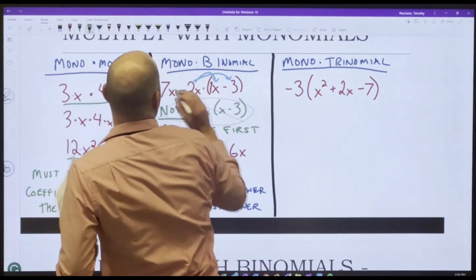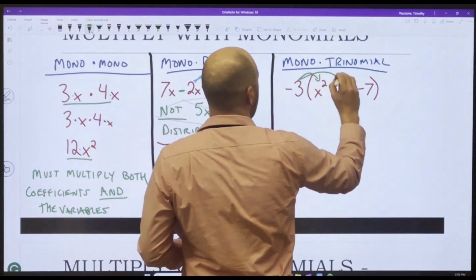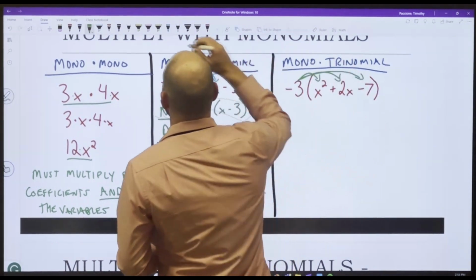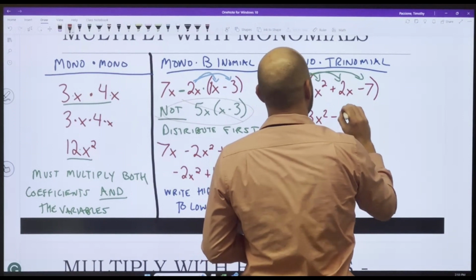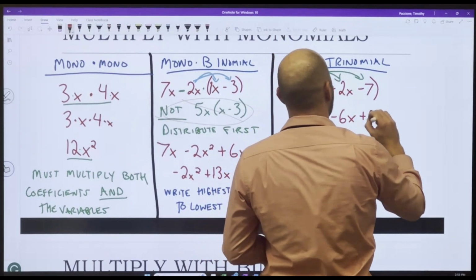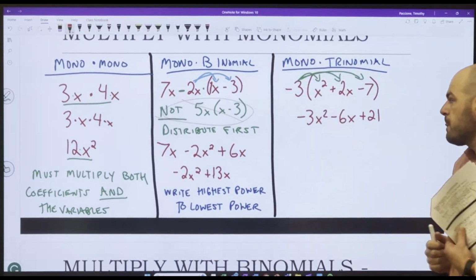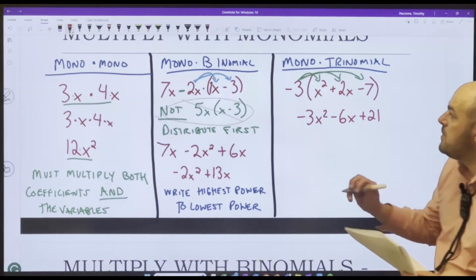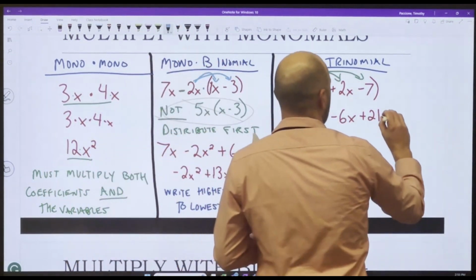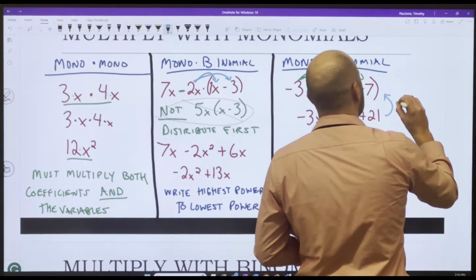Okay? And we end up with negative 3x squared minus 6x plus 21. None of them are like terms. We don't have any like terms this time. So we're done. Yep, so that's all you would do there. Now, what I will say is that eventually, in this unit, we're going to try to go that way.